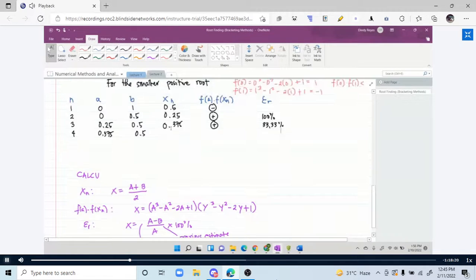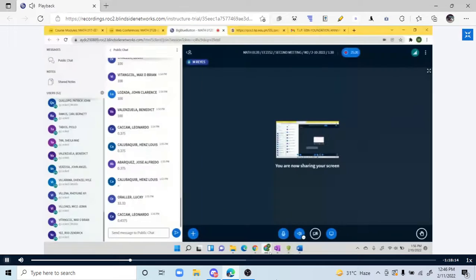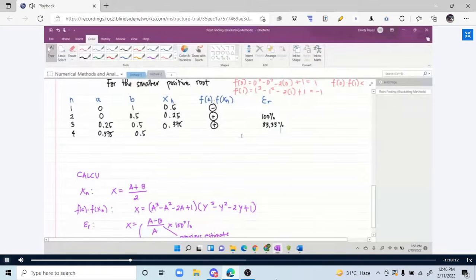It's still a bit long. What is x sub n here in the fourth iteration where A is 0.375 and B is 0.5? 0.4375 and then the sign of f of A times f of x sub n. A is 0.375, x sub n is 0.4375.